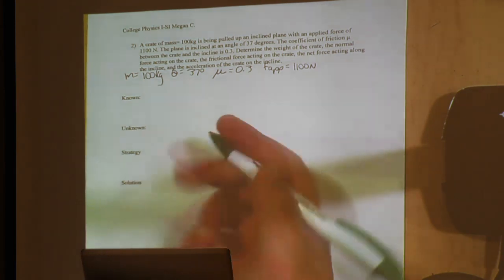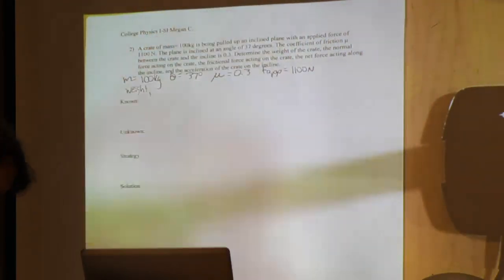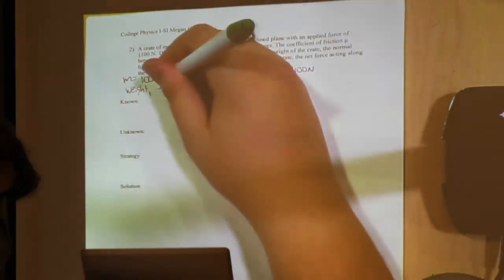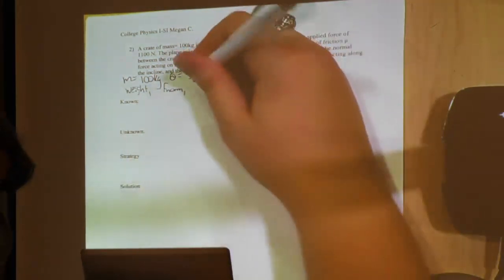So the question asks for the weight, the normal force, the frictional force, the net force, and the acceleration, so a, on the incline, right?